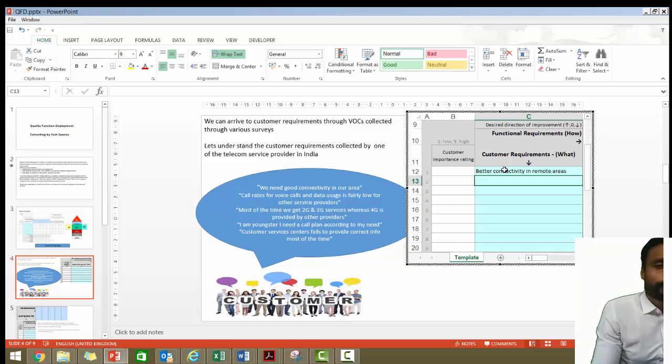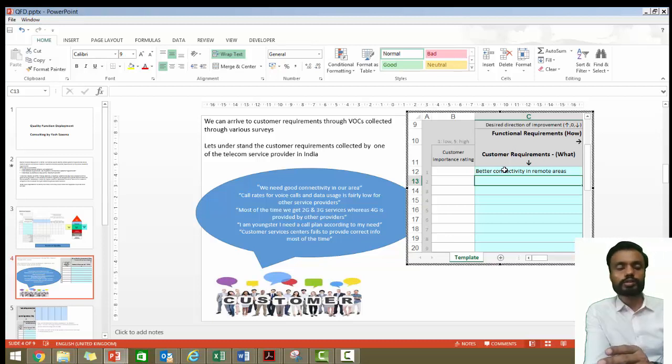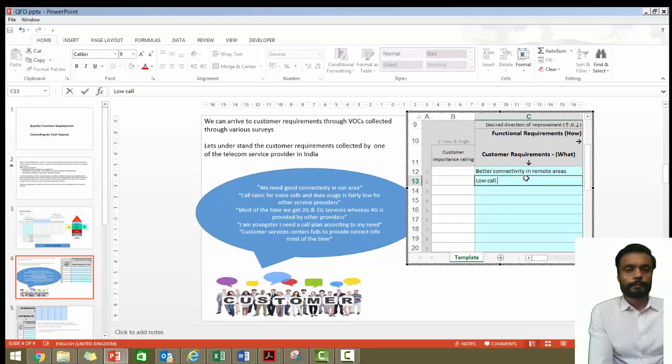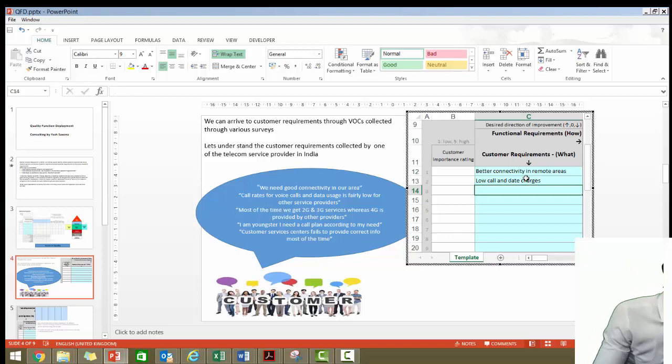Second customer requirement could be your charges, right? So your charges would be low call and data charges. Your third requirement could be minimum disruption in services.